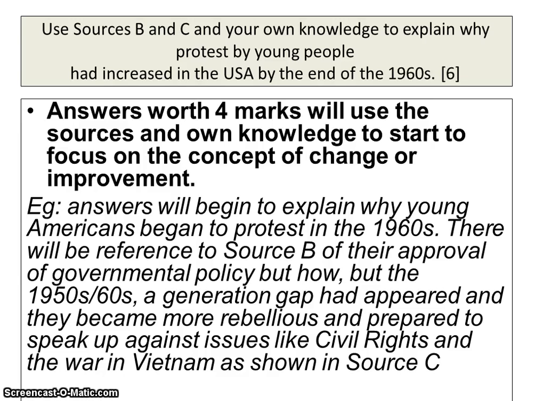Answers will begin to explain why young Americans began to protest in the 1960s. There will be a reference to source B of their approval of governmental policies, but how in the 1950s and 60s a generation gap had appeared and they became more rebellious and prepared to speak up against issues like civil rights and the war at Vietnam, as shown in source C.